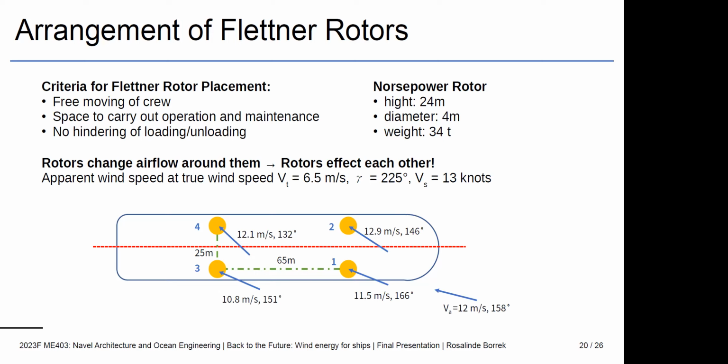So this has to be taken into account: you cannot just calculate your effective power for one rotor and then multiply it by 4. You need to model it for every single rotor. And again, this needs highly numeric simulation, so it's not that straightforward.